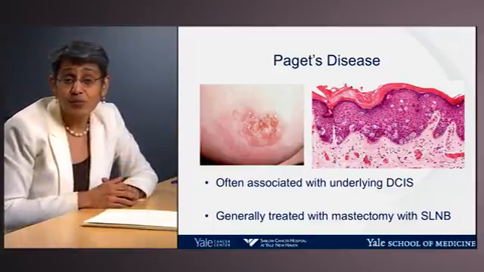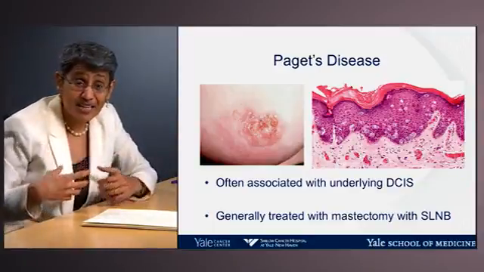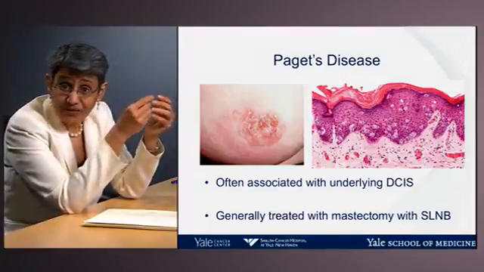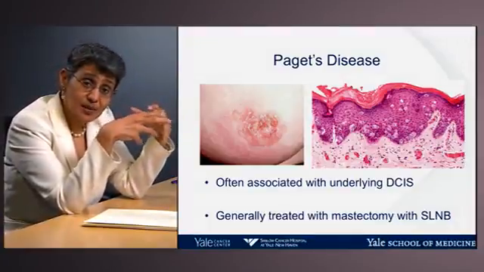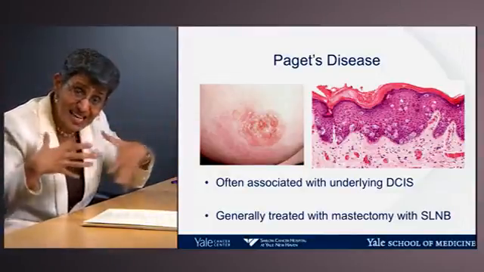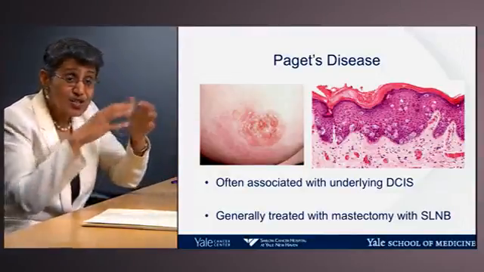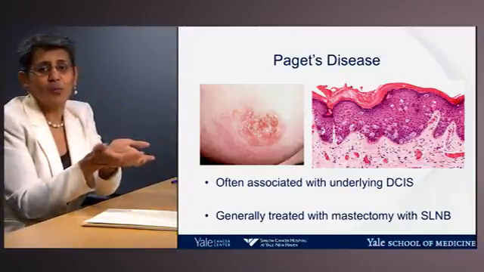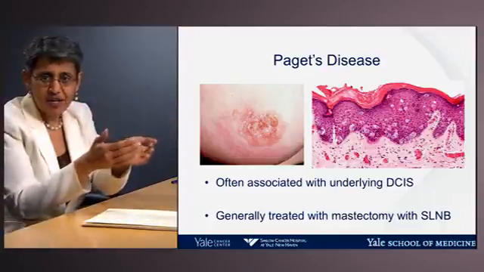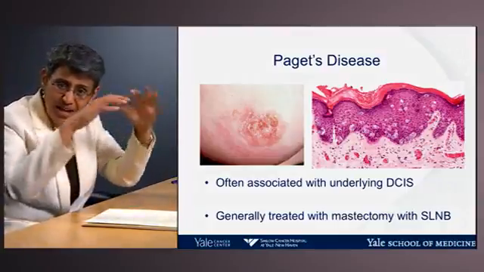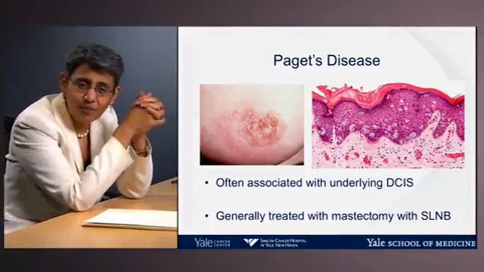Many of these patients will still opt to have a mastectomy because the disease is located at the nipple. And so that nipple needs to be removed, and oftentimes the underlying cancer is in that central part of the breast. And so by doing a partial mastectomy, you essentially create what we call a volcano defect, where that projection of the breast is lost because you've kind of cored out the central part of the breast.